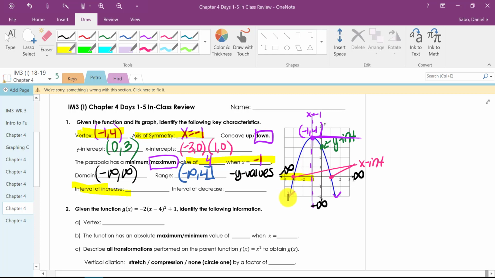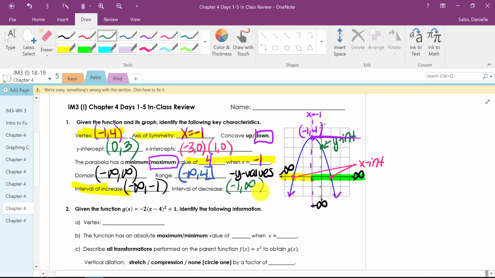So if you see here, the value of this function is increasing, increasing, increasing, then I hit a wall. And that wall is the axis of symmetry. And that's why we go from -infinity until I hit that wall of -1. Then I'm going to pick back up at -1 here at that axis of symmetry, and I'm going to keep going until I go to positive infinity. So I have -1 to positive infinity.